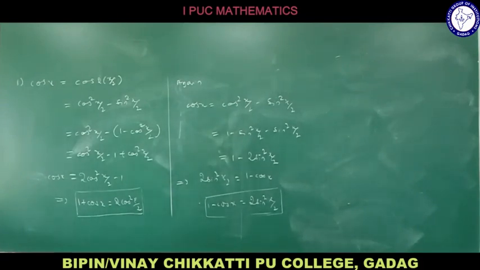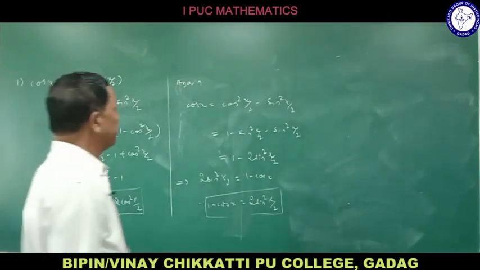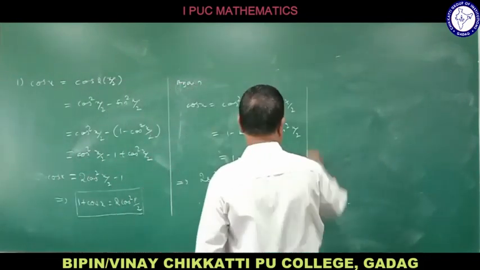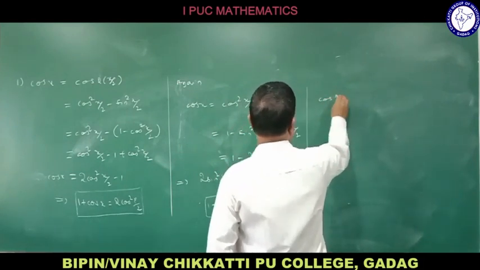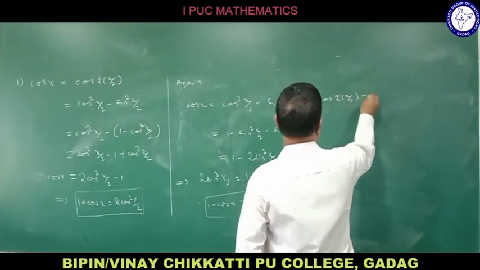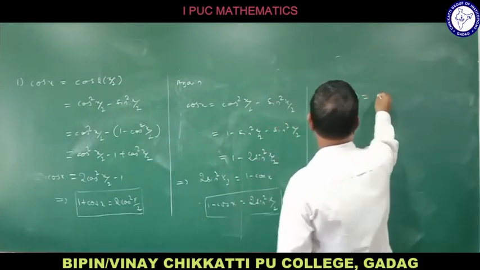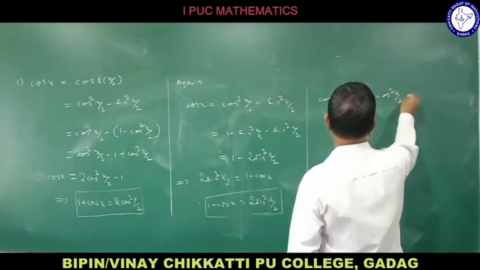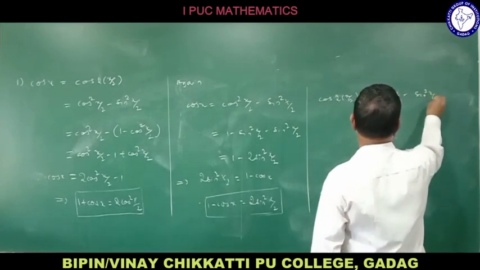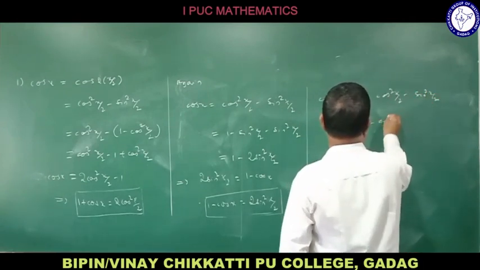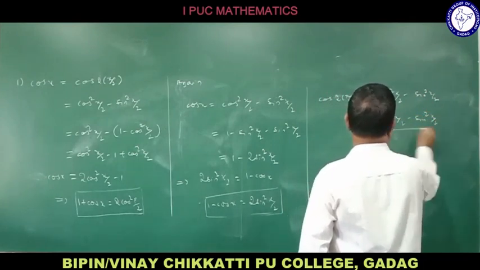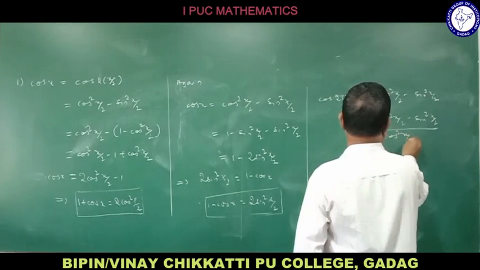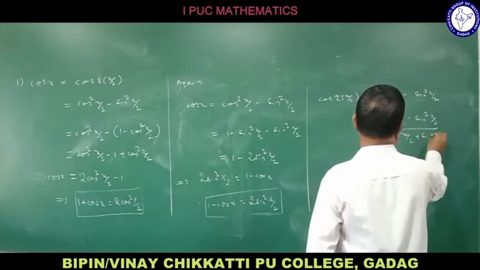And even I tell you that cos x may be written in terms of tan. That also you can write. So this cos x is cos of 2 into x by 2, and you can see this is cos square x by 2 minus sin square x by 2, divided by cos square x by 2 plus sin square x by 2.